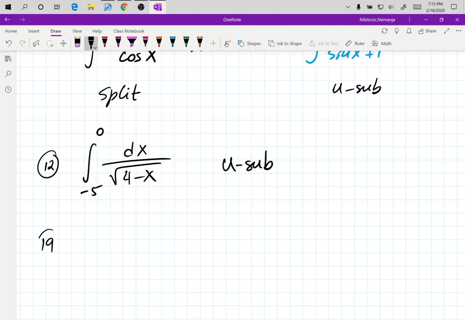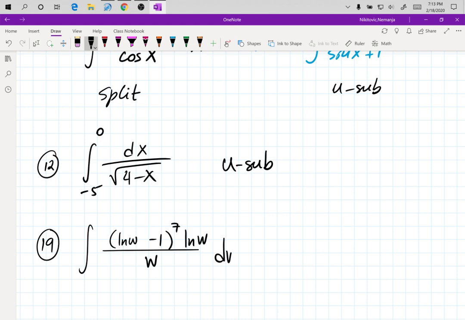Problem 19 looks terrifying. ln w minus 1 to the 7th power times ln w divided by w dw. U sub.